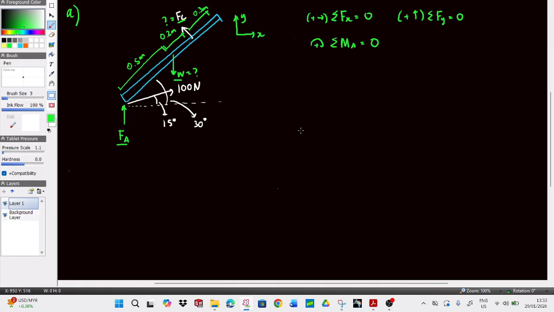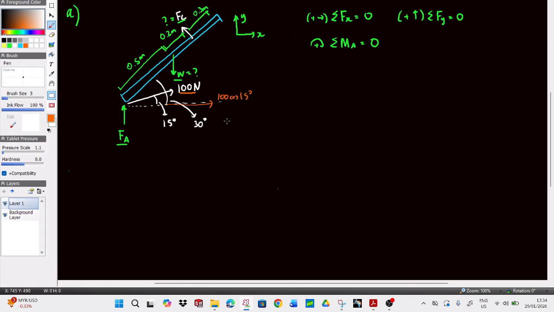Okay, so let's see. If we consider Fx, what we have here is the tension of the cable, which has an x component, simply 100 cosine of 15 degrees.